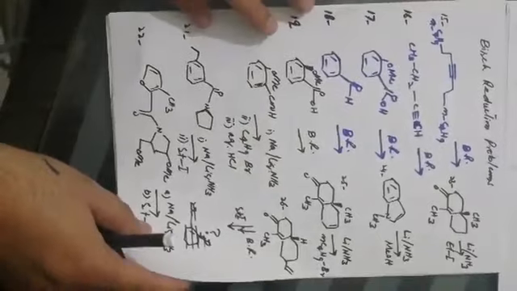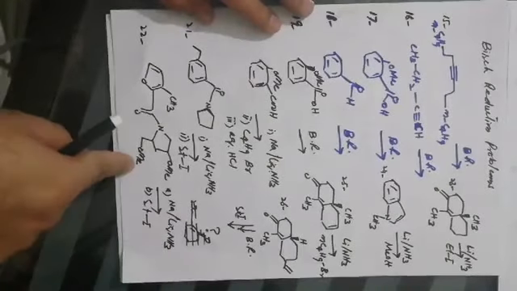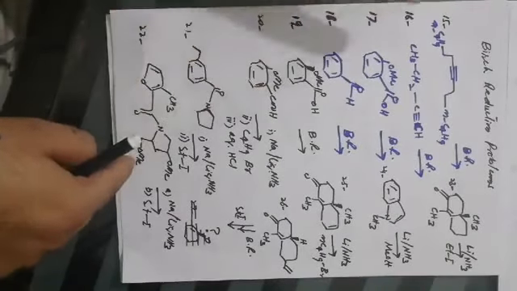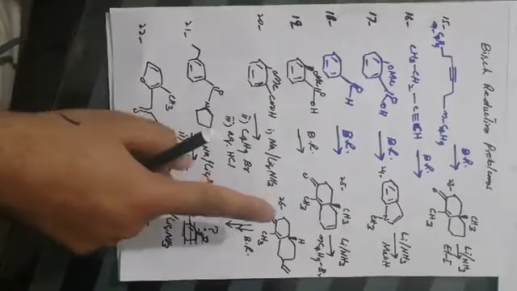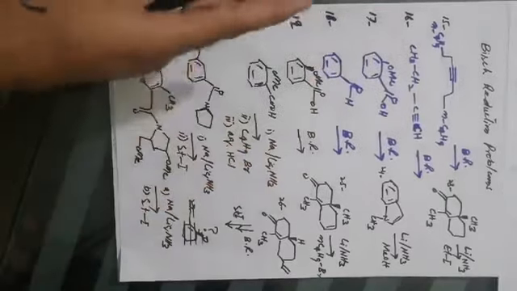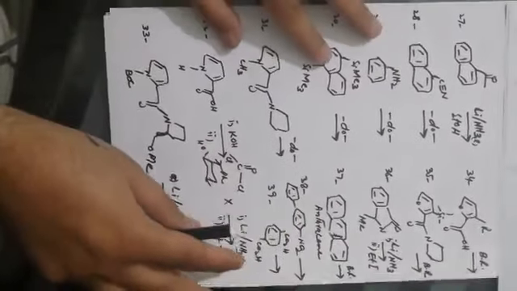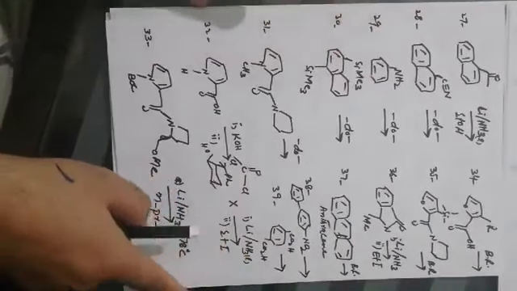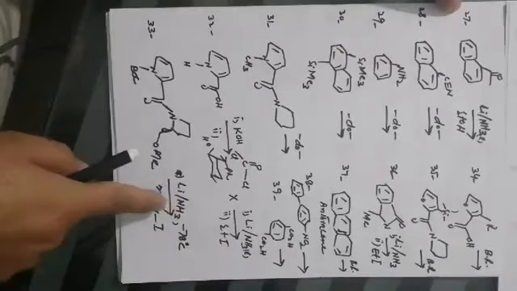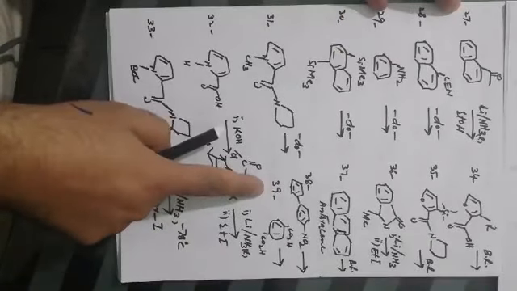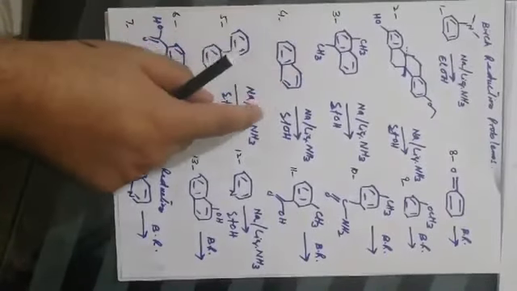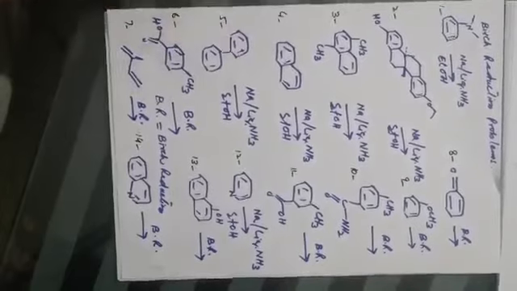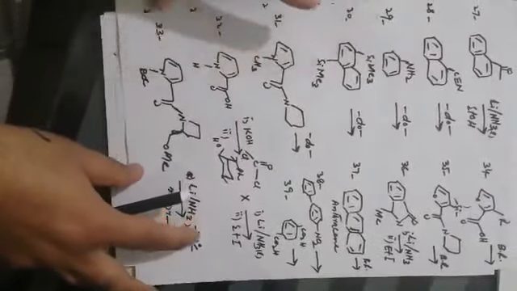Here you have another set of problems similar to the Birch reduction from 15 to 26, and I have searched a few more problems for your better understanding of the Birch reduction. These are problems from 27 to 39. So in total you have 39 problems. Try to solve them.